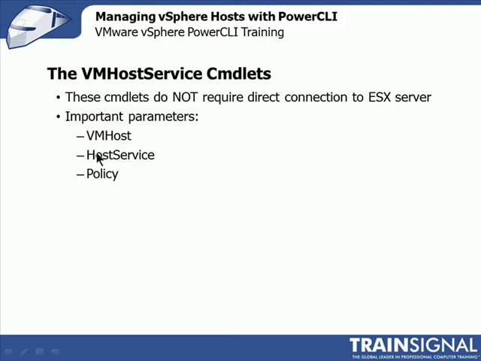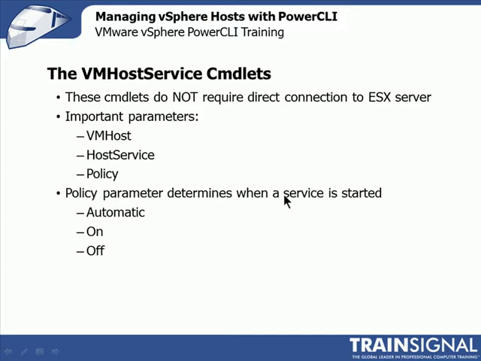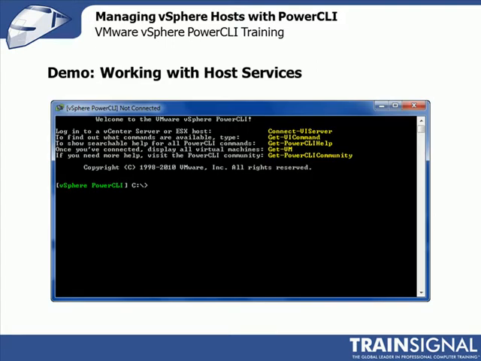So let's see, the next one here is HostService, and I'll explain what this means during our examples, but this is an object representing the service that you want to work with, for example, VPXA. And then Policy. The Policy parameter determines when a service is started. It's got 3 values that are accepted here: automatic, on, and off. Automatic, obviously, is going to start and stop with your host server. Okay, so let's get right into it.